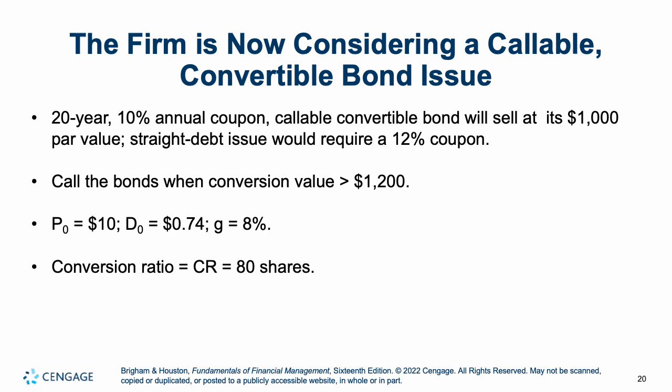Whereas a convertible bond is different. A convertible bond is a bond which can get converted into stock shares. So if we have a 20-year, 10% annual coupon convertible bond, it's selling at $1,000 par value, and if it was a normal bond, it would have a 12% coupon.